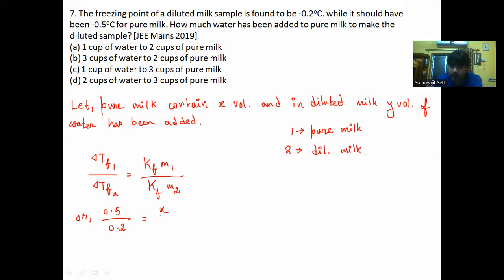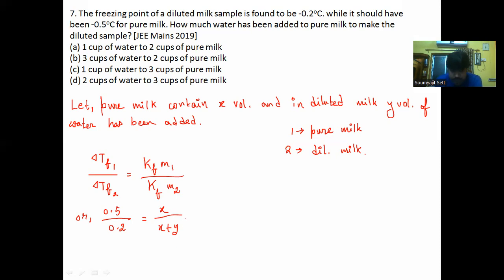Because we have taken X as the molality divided by m2. Here water has been added, so X plus Y. Because the number of moles will remain the same, only the volume will change. For pure milk also the number of moles is the same. For the diluted milk also the number of moles of milk is the same. So they will cancel out, and we will only take the volume, right?